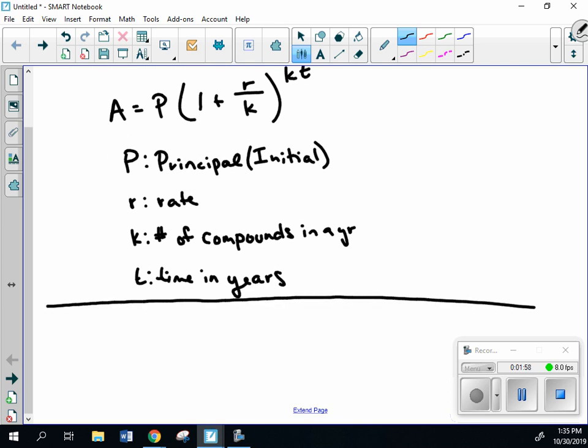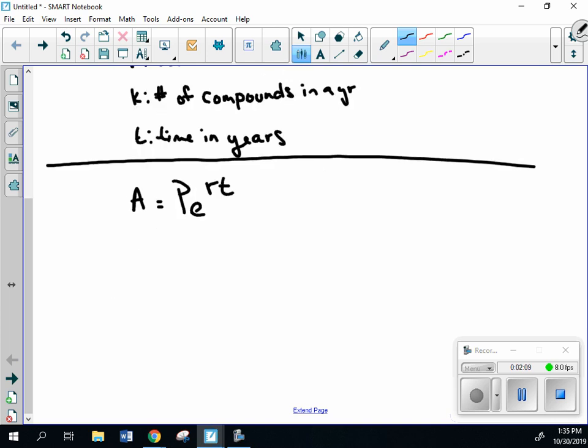Then we have a different type of compound if it's compounded continuously, which is in the form of A equals P e to the power of rt, where again, P is your principal, or your initial. E is the number e.